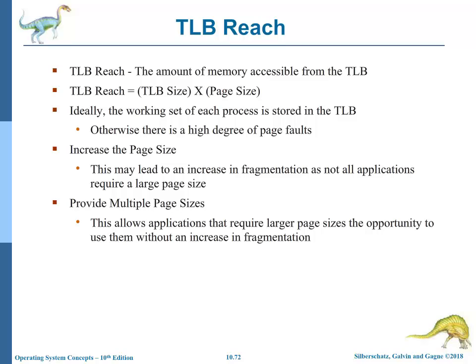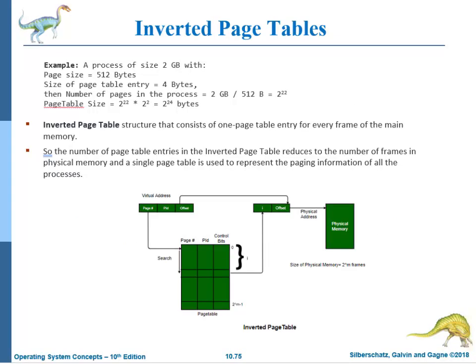Let's see an example: a process with 2 GB, where we know the page size is 512 bytes, and the size of the page table entry is 4 bytes.